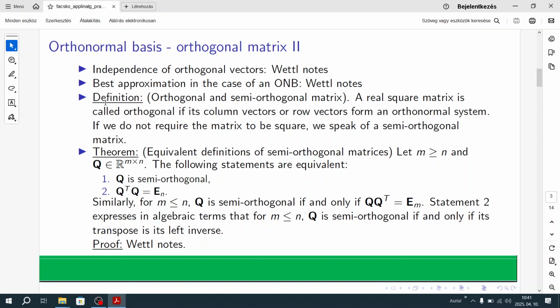Oh, okay. That is one matrix. You take this row and this row, and you have two vectors.